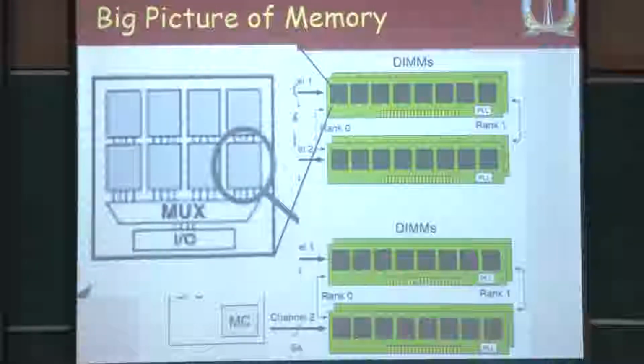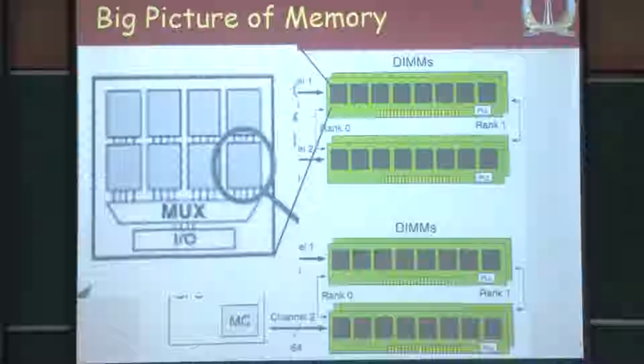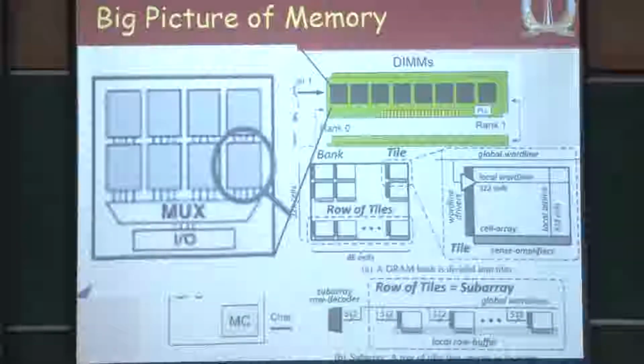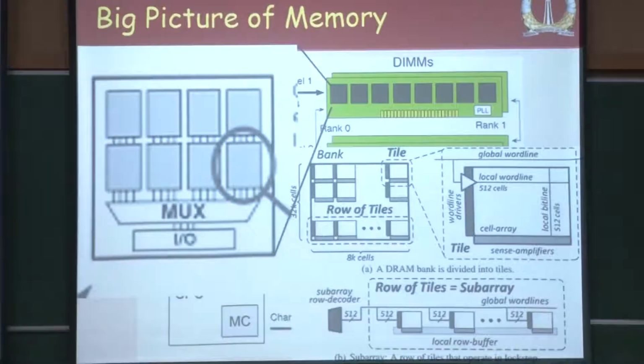And then if you go and look inside the bank, it is again organized as a 2-dimensional thing, rows and columns, tiles of rows and tiles of columns and so on.